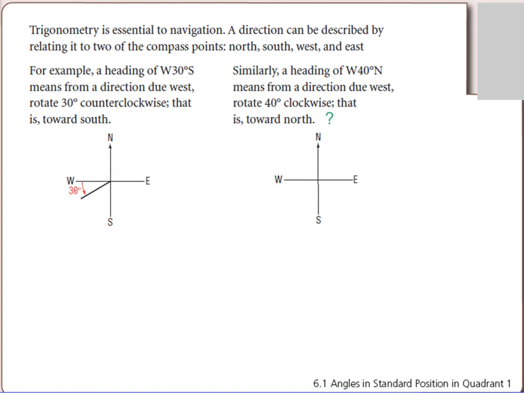And in the same way, if we were going west 40 degrees north, start by going west, and then come up 40 degrees in the north direction.